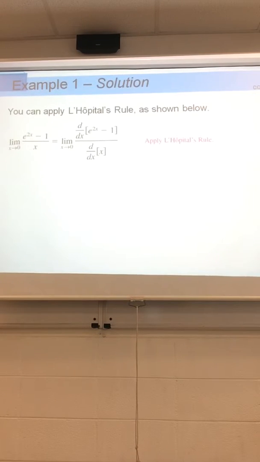So that's where I now take the derivative of the top and the derivative of the bottom. So go ahead and do it. Now remember, we already looked at the graph, and we should have an idea of what it's going to be.